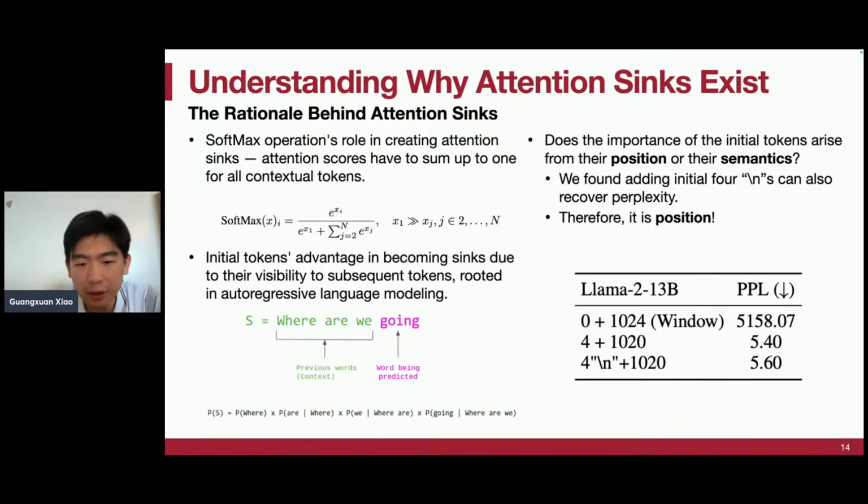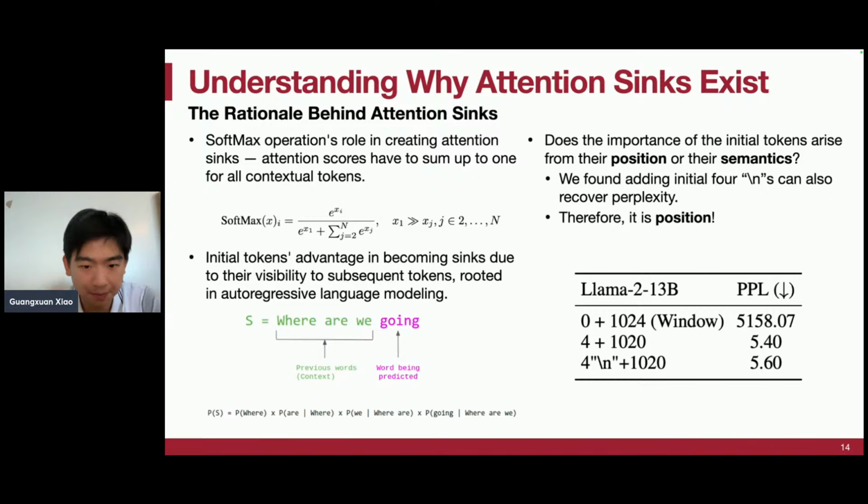Another ablation study asks whether the first several tokens are semantically important, becoming crucial or summarization tokens, so that the model dumps attention on them. Our answer is no. In the table below, we measure several settings. 0 plus 1024 means window attention: we use 0 starting tokens plus 1024 recent tokens for sliding window decoding.